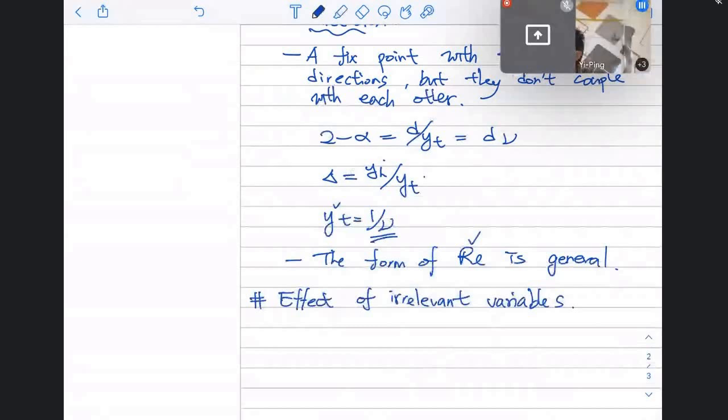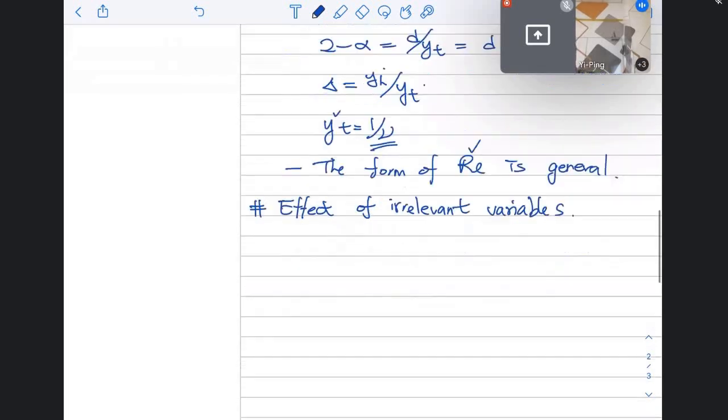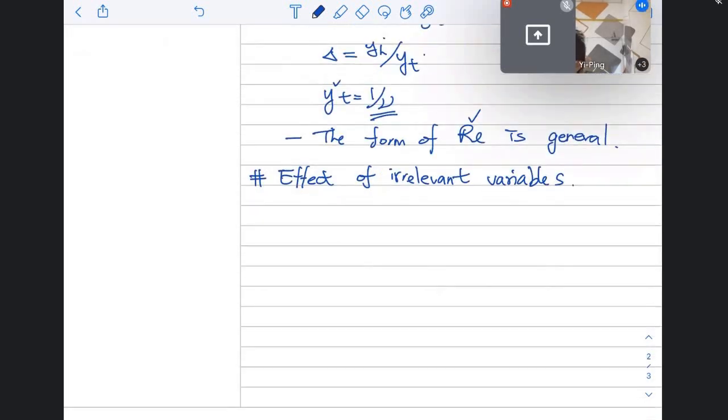In general, most models will have a lot of irrelevant variables. So what are they doing during the RG transformation?